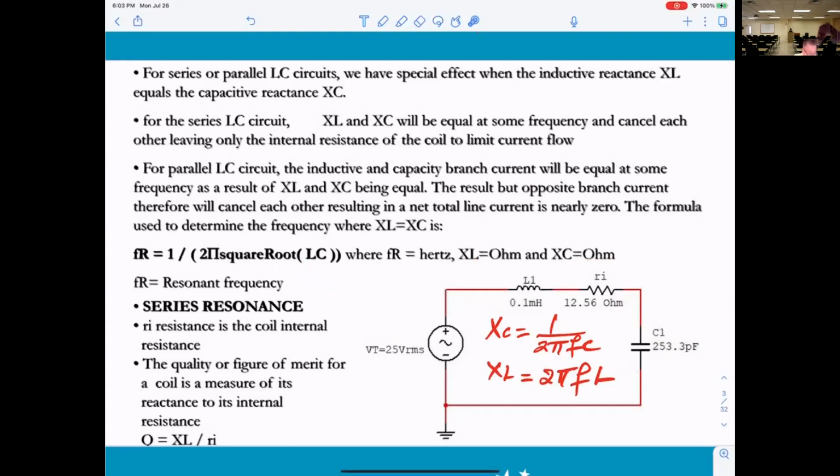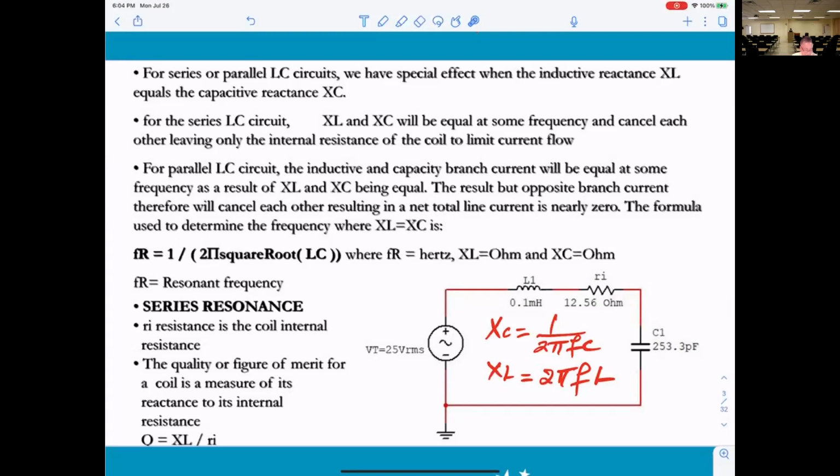And FR, that frequency, we call the resonant frequency. You understand for series, IC and IL all the time will be 180 degrees out of phase. However, for the parallel, IC and IL also will be 180 degrees out of phase.